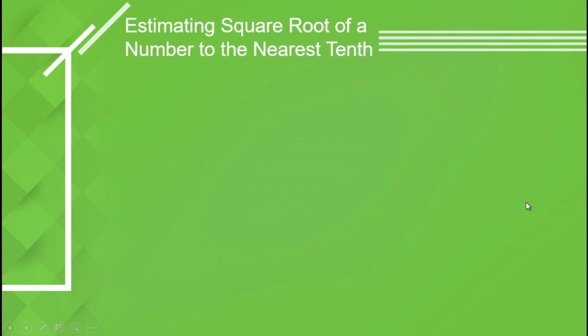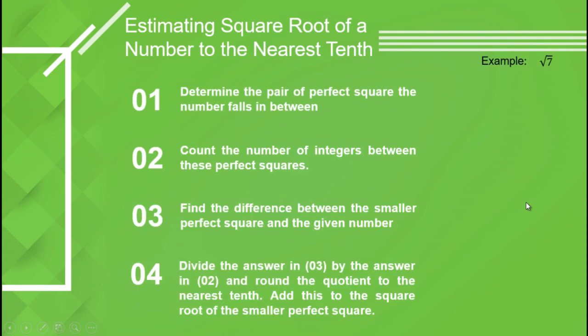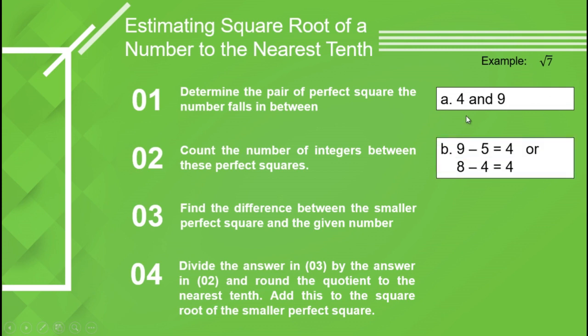Okay. Next, another example, the last one. Square root of 7. So 7 is in between 4 and 9. Then count the number of integers in between these perfect squares: 9 minus 5, that's equal to 4, or 8 minus 4 equals 4 also. So we have C, 7 given minus 4, that's 3.